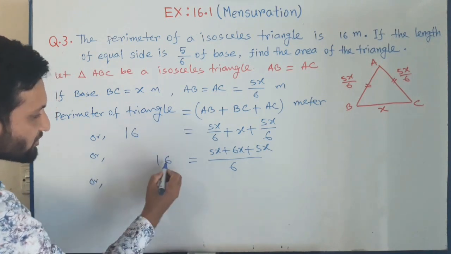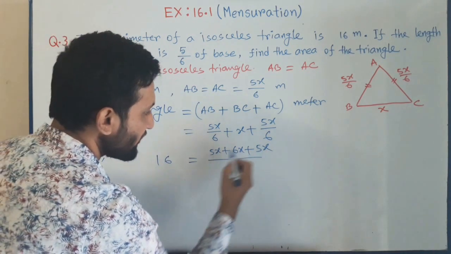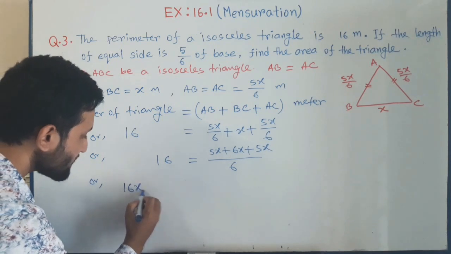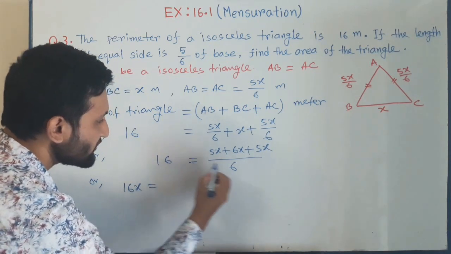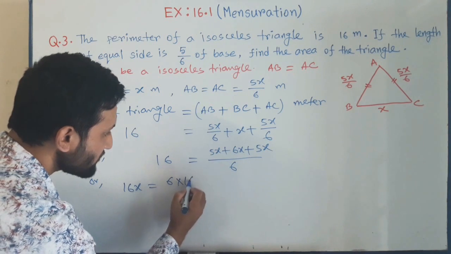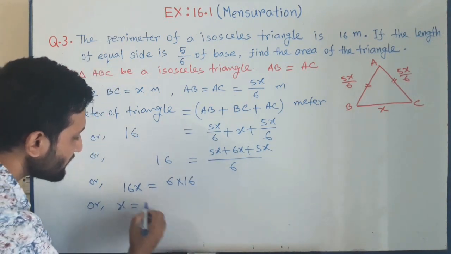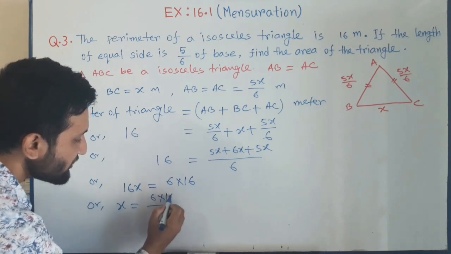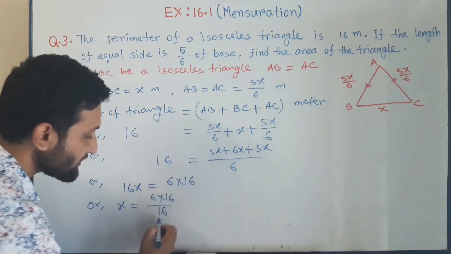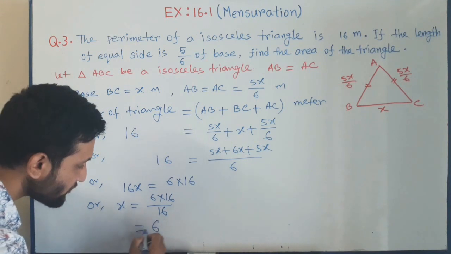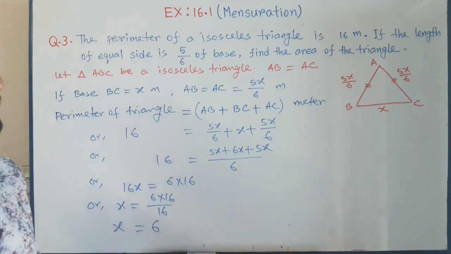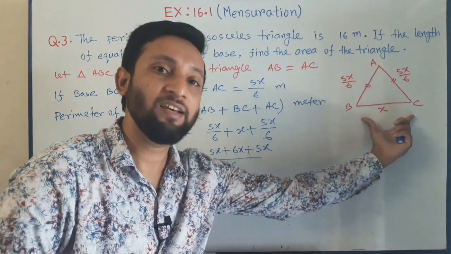So by simple calculation, 5x, 6x and 5x, that means 16x equals, by cross multiplication, 16 into 6. So here x equals 6 into 16 divided by 16. So 16 and 16 cancel, so the value of x equals 6. That means the base of this isosceles triangle is 6 meter.